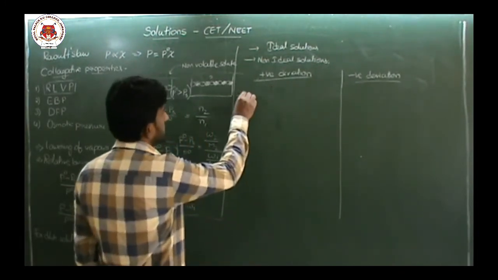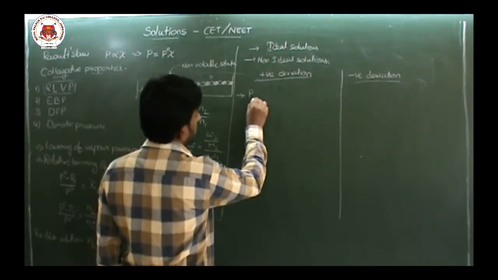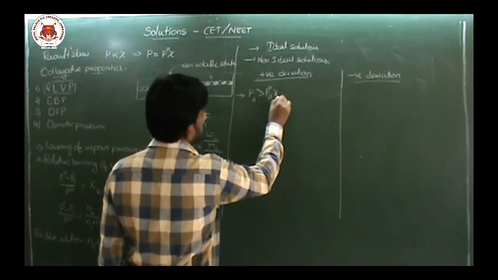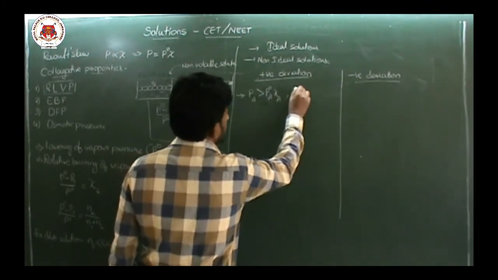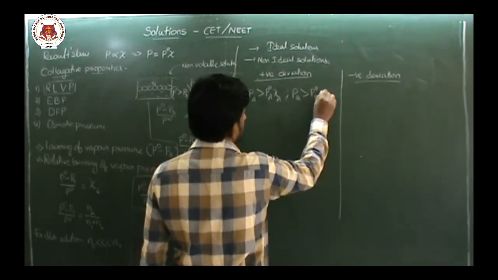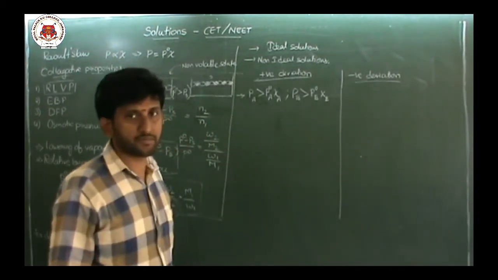That we represent as: partial pressure of component A is greater than its pure vapor pressure into mole fraction, and partial pressure of component B is also greater than the mole fraction of B into pure vapor pressure. Okay.